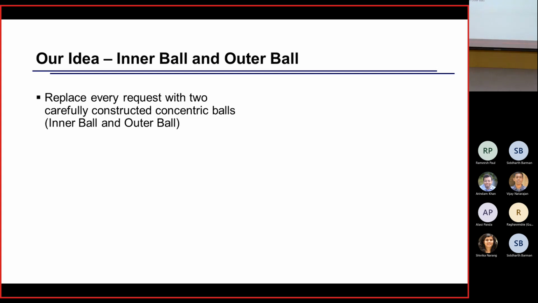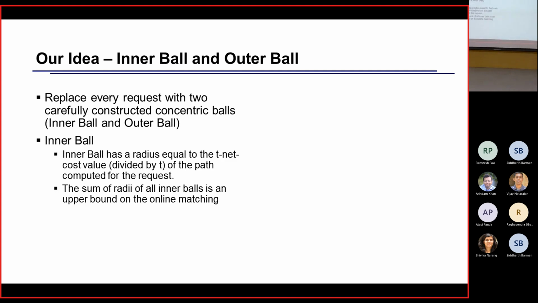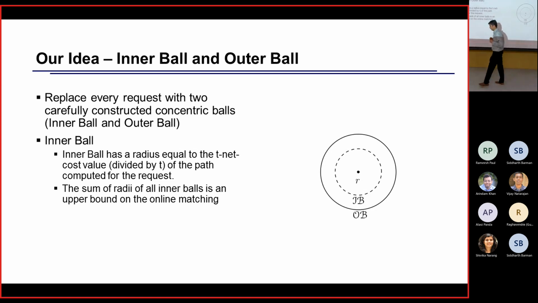So I'm going to give you the intuition of the analysis. The analysis works this way. For every request, I'm going to draw 2 concentric balls. I'm going to call them the inner ball and the outer ball.